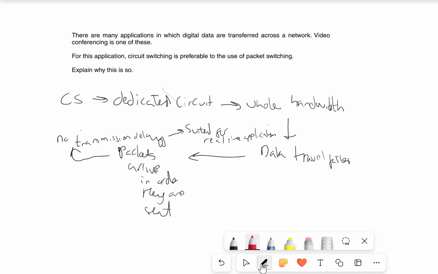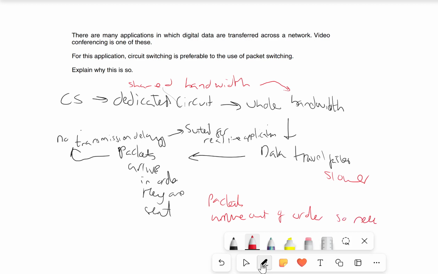I would then mention in my answer about packet switching against each one. So shared instead of dedicated, and that means shared bandwidth. Which means that data travels slower because of this, which means packets arrive out of order, so need to reassemble.